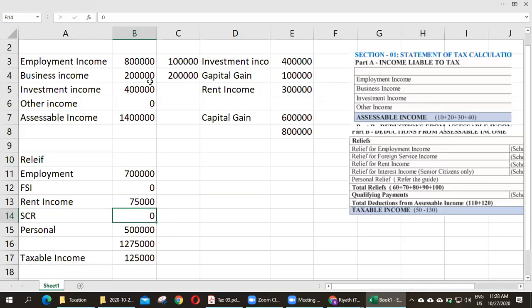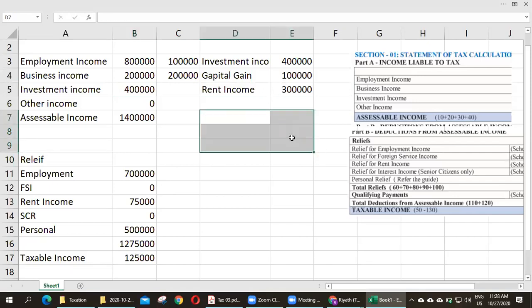And out of this investment income of 400,000, he has already claimed 75,000, right? Therefore, he is not eligible to get relief again and again for one source of income. For this 100,000, he is not eligible to get relief because it's a capital gain.